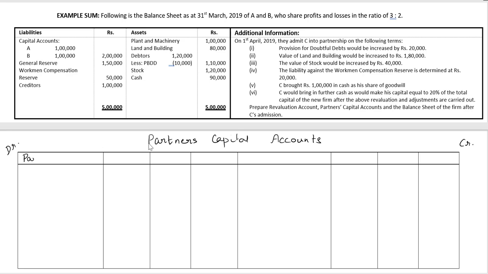We have particulars, a column for partner A, a column for partner B and a column for partner C, and again on the credit side, particulars, a column for partner A, a column for partner B and a column for partner C. We'll begin by bringing down the balance of capital accounts for A and B. By balance brought down. The case of A, it's rupees 1 lakh. And the case of B also, it is rupees 1 lakh.